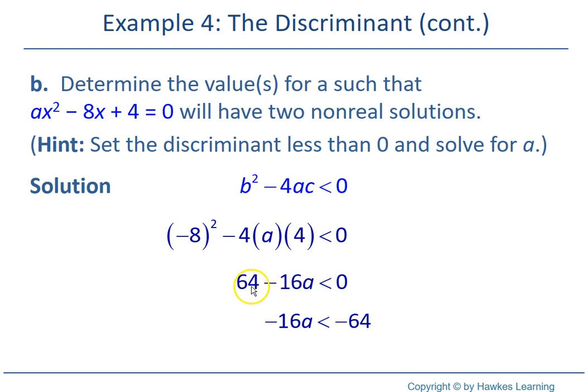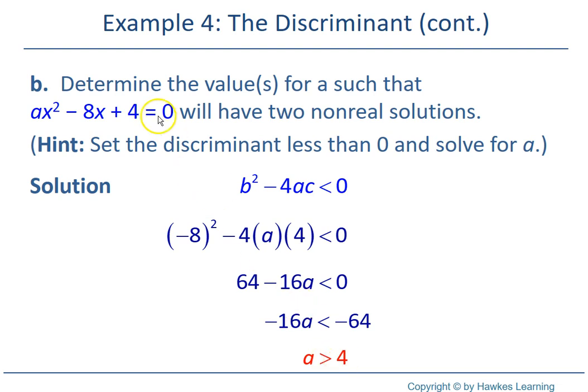They're going to transpose the 64. Now you're going to divide both sides by a -16. When you do that, you have to reverse the inequality sign. There you go. And you get a has to be greater than 4.